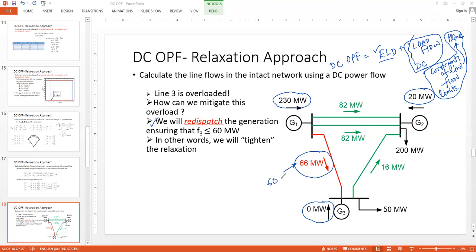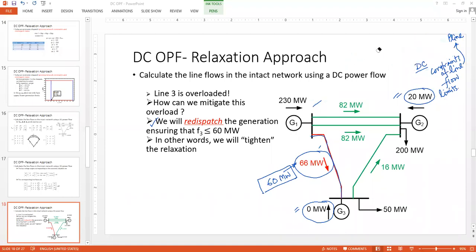So instead of 66 megawatt, we have to make sure that the redispatch of these generating units is made in such a manner that this value comes down to 60. And at the same time, none of the other line flow limits are violated. Only then can we say this is an acceptable or feasible solution for the DC OPF problem. So let us see today how we are going to do it.